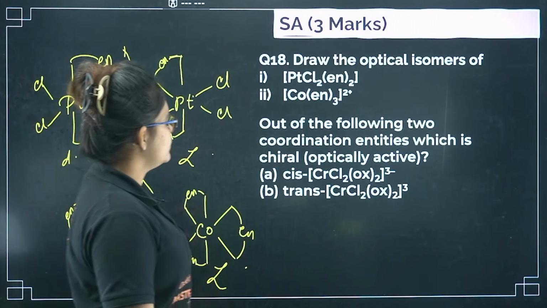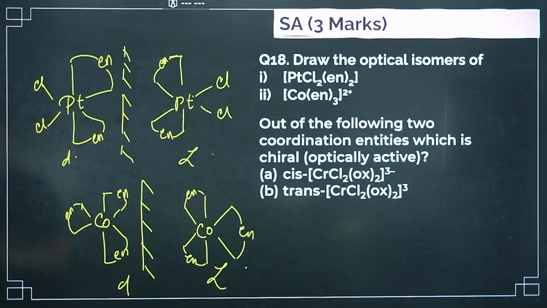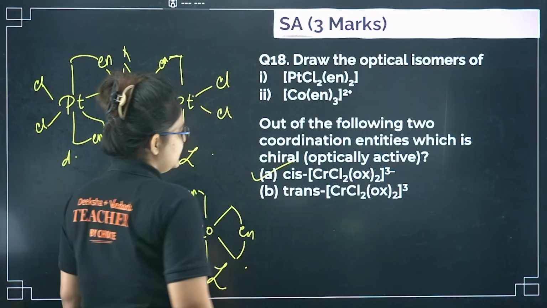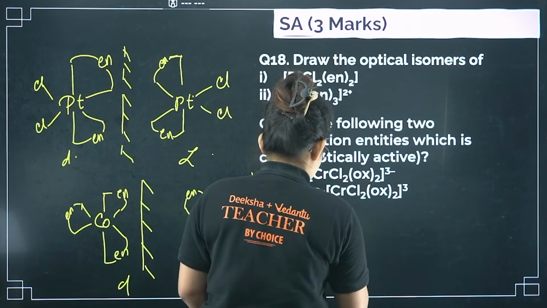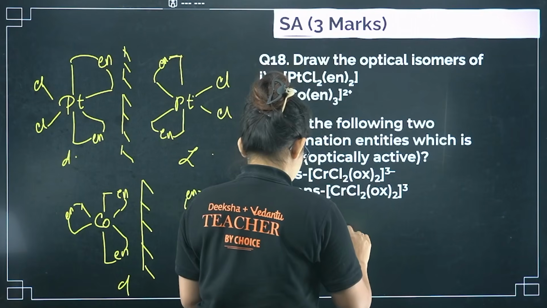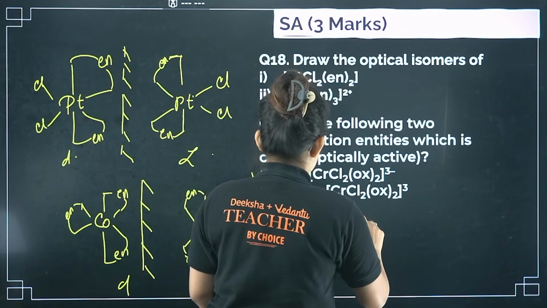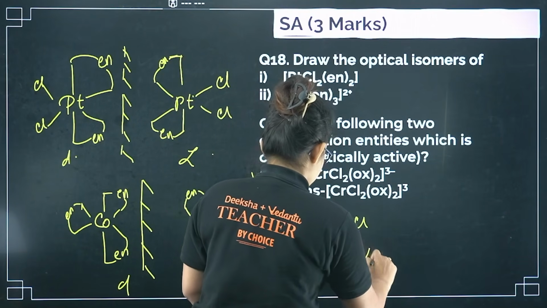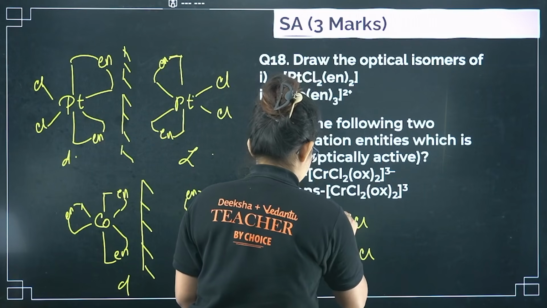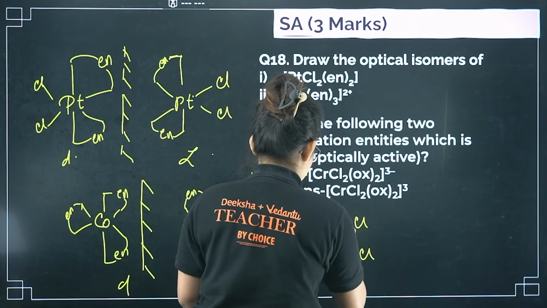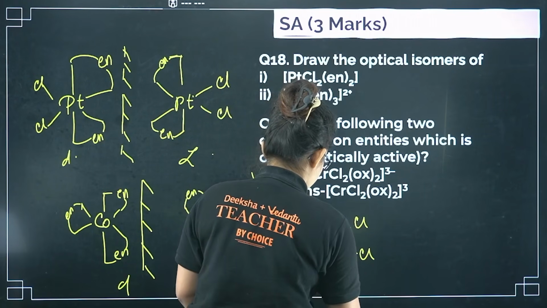Next, out of the following 2 coordination entities, which is chiral? For this particular case we have to check the cis one. Cis is the optically active one. If I draw the structure for you, for cis I will draw chromium, 2 chlorine on the plane, and oxalate we can draw like this because these are bidentate.